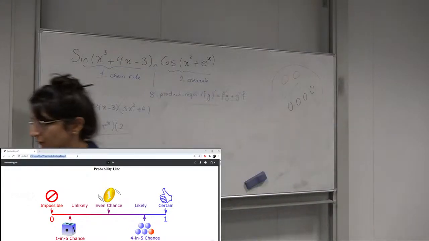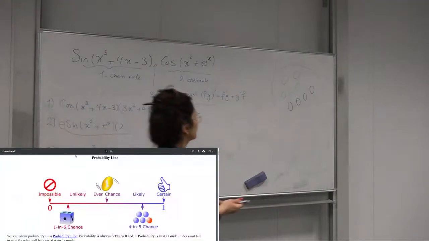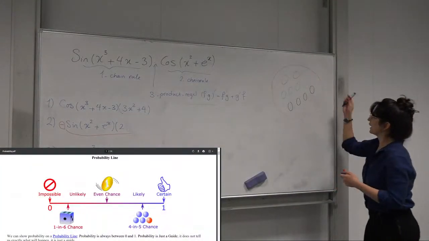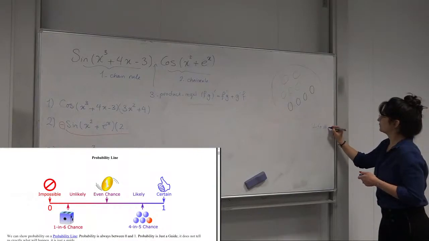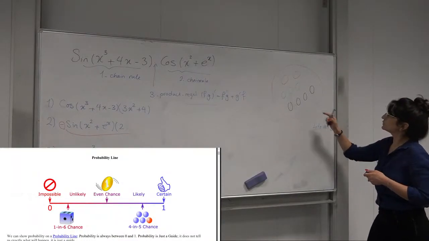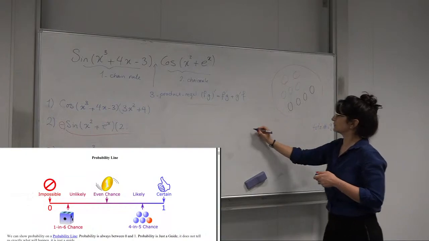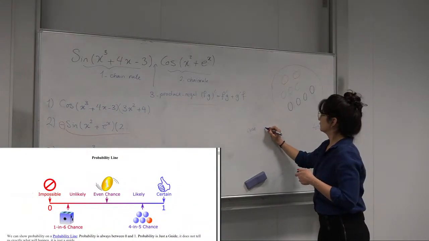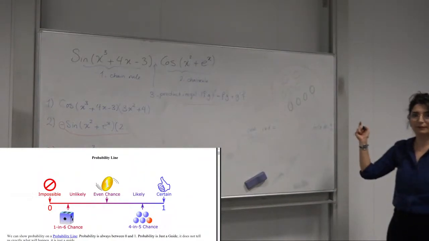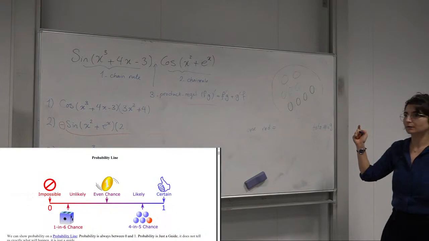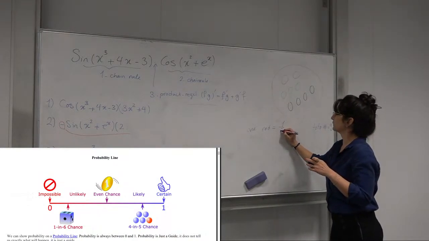In total, how many do I have? It's 2, 5, 9. This is the total number of marbles, 9. Let's say I took 1 red. What is the probability of this happening? 1 divided by 9, right? Because I don't care what is happening.